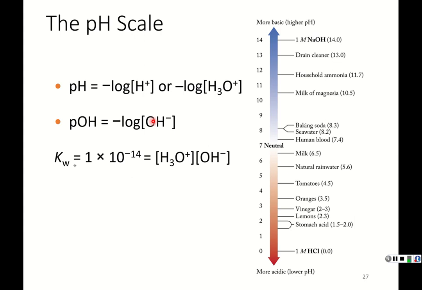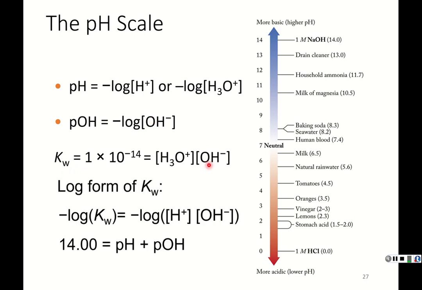If we have our Kw expression, which we've written before, you take the log form of it. If you take the negative log of Kw to get what would be a pKw, that's going to equal minus log of H plus times minus log of OH minus, which is again pH and pOH.